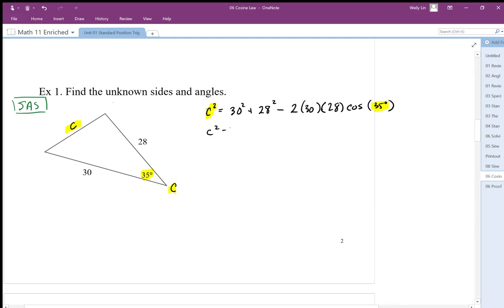So C squared equals 1684 minus 2 times 30 times 28 times cosine of 35, and that gives me 1376.18.